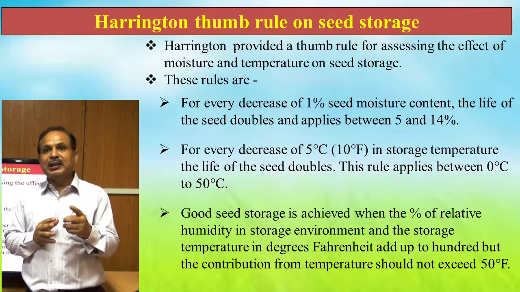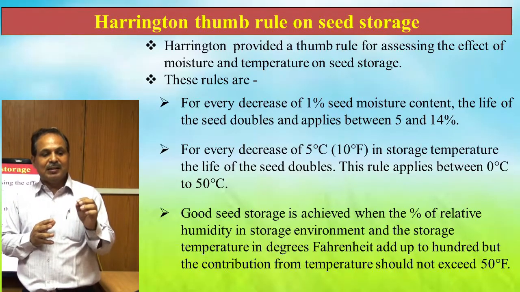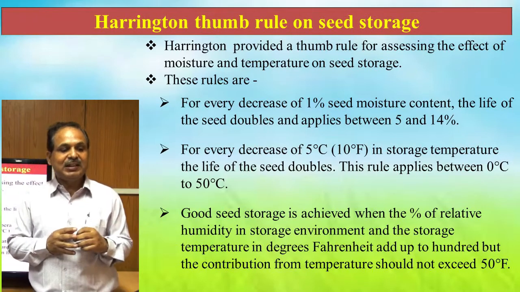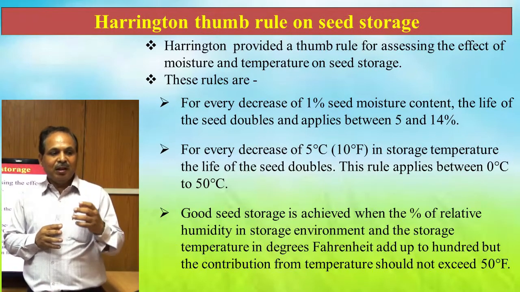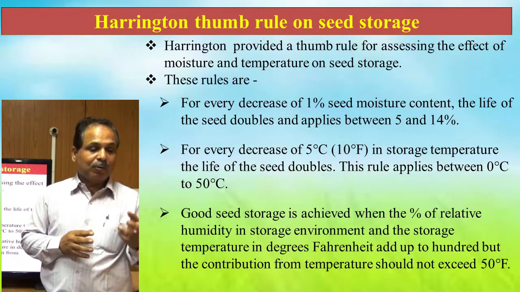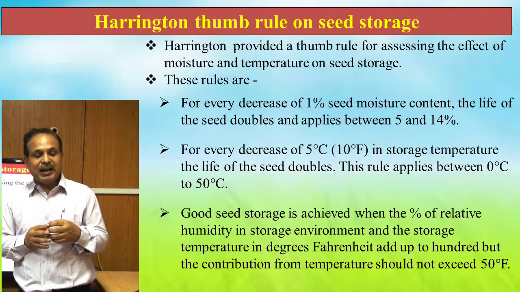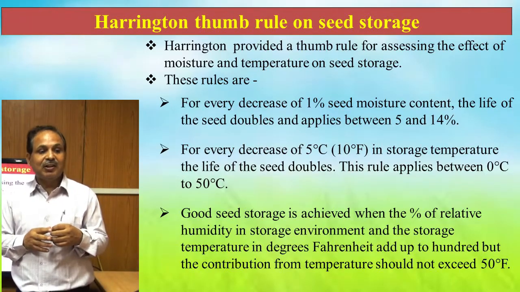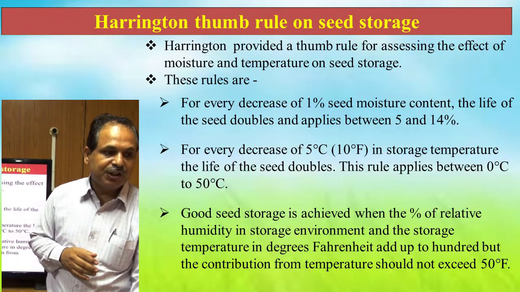But one thing must be considered, that the contribution of the temperature should not exceed 50 degrees Fahrenheit. So these three rules provided by Harrington, a thumb rule, are very much useful in assessing the effect of moisture and temperature for proper seed storage.